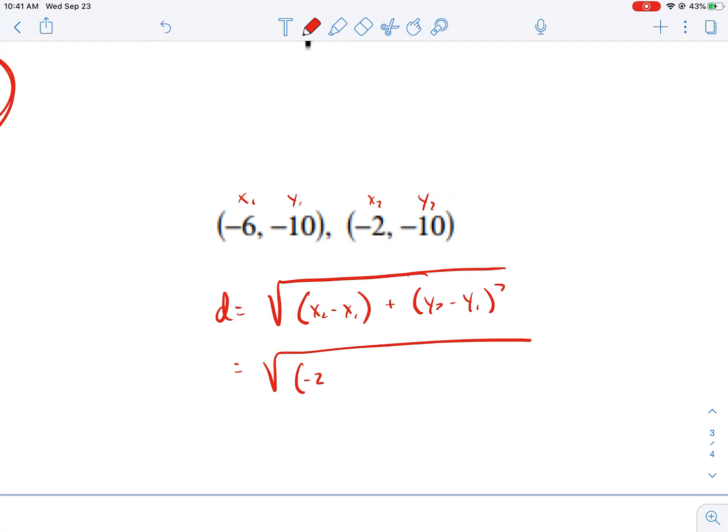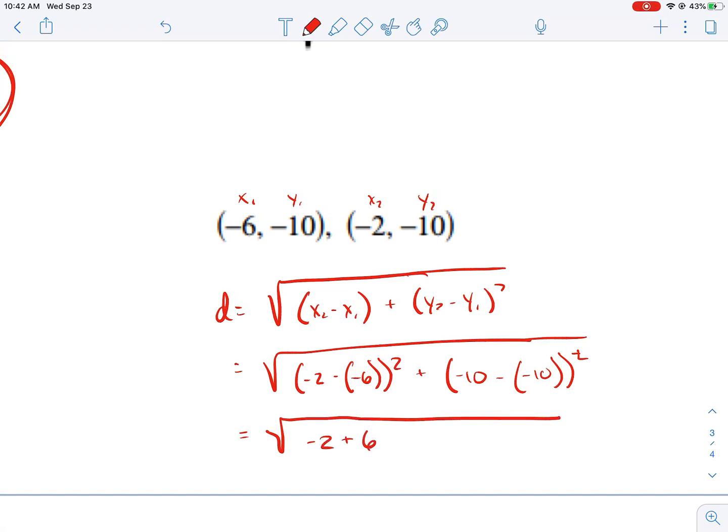So our x2 is -2 minus x1, that's -6 squared, plus y2 is -10 minus y1 squared. Okay. Make sure when you got a negative on there, you got to put those in parentheses.